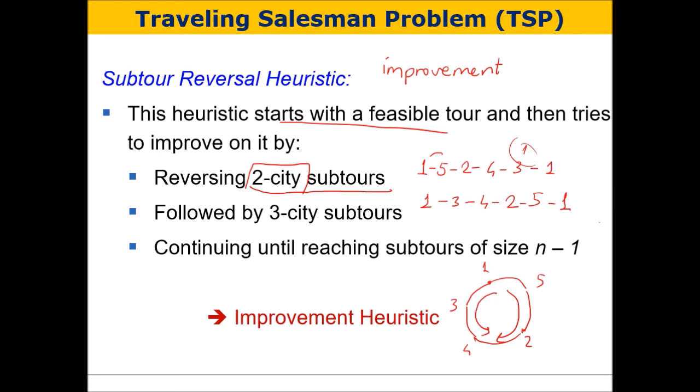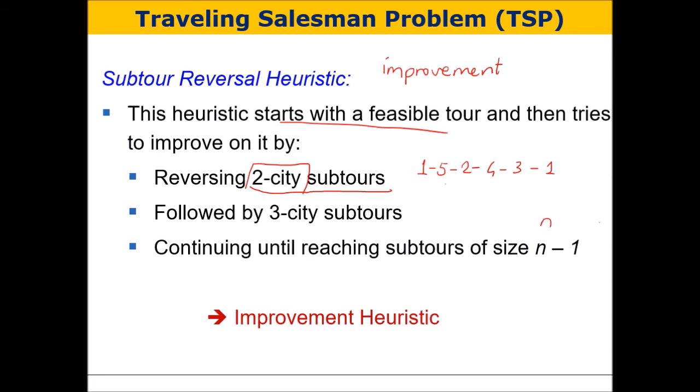If the TSP is symmetric, meaning that the distance for going from 1 to 5 is equal to going from 5 to 1, then these two solutions are in fact identical. But if it is not symmetric, if it is asymmetric, then this is different. So therefore, we claim that if the TSP is symmetric, you don't need to perform this final one, and you can only continue until subtours of n-2 for the symmetric case.